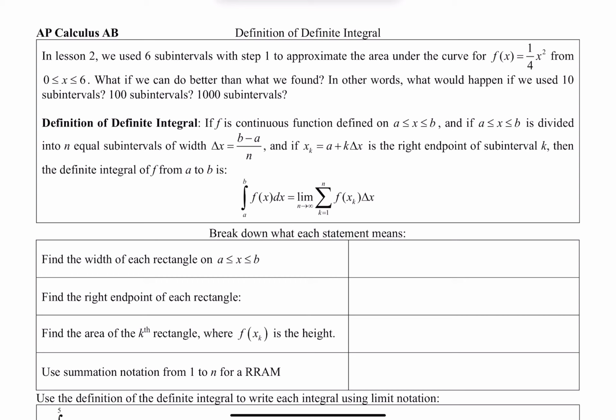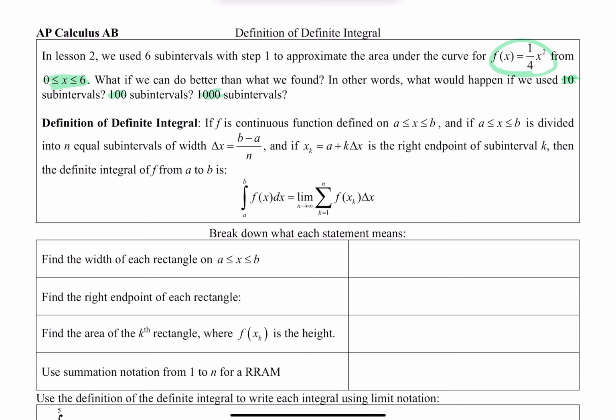But I want you guys to think back about when we did 1/4 x squared and we only did 6 subintervals from 0 to 6. But what if we used 10 subintervals instead of 6, or maybe 100, or maybe even 1,000, and seeing how that would work?